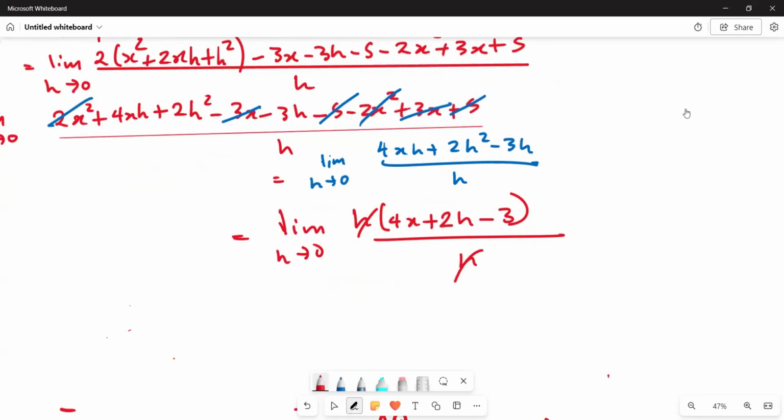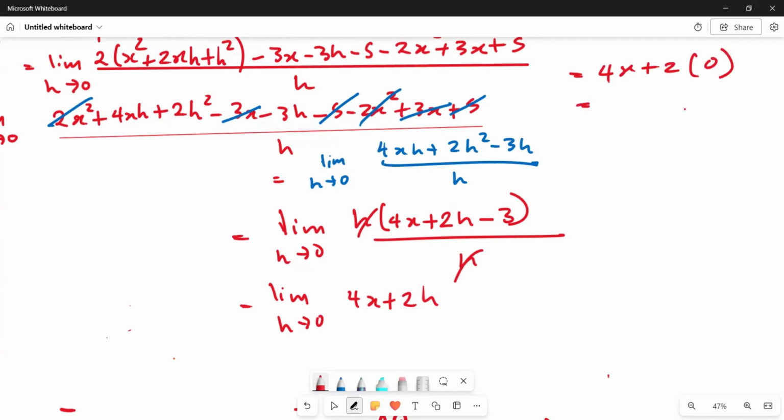So after that, what are you going to do? This is going to be same as your limit as h approaches 0. You are only left with 4x plus 2h minus 3. And then now, what are you going to do? You're going to substitute the limit of your h here, right? So now this is going to be same as 4x plus 2 into 0 where there was h.